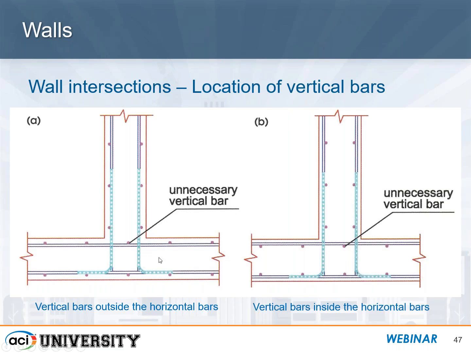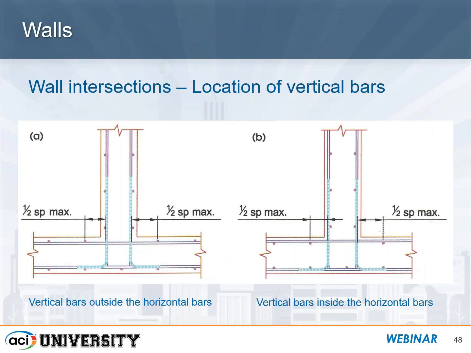So taking these 2 bars out, providing this typical detail will give you a very constructible intersection when you have a T intersection. Okay, and then this is your final solution. Taking those bars out, having additional bar vertically within that half spacing maximum between the longitudinal bars and the wall.